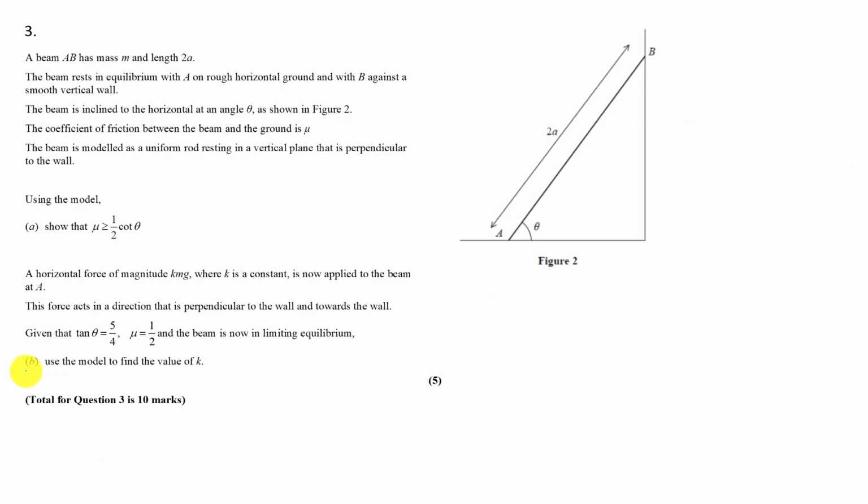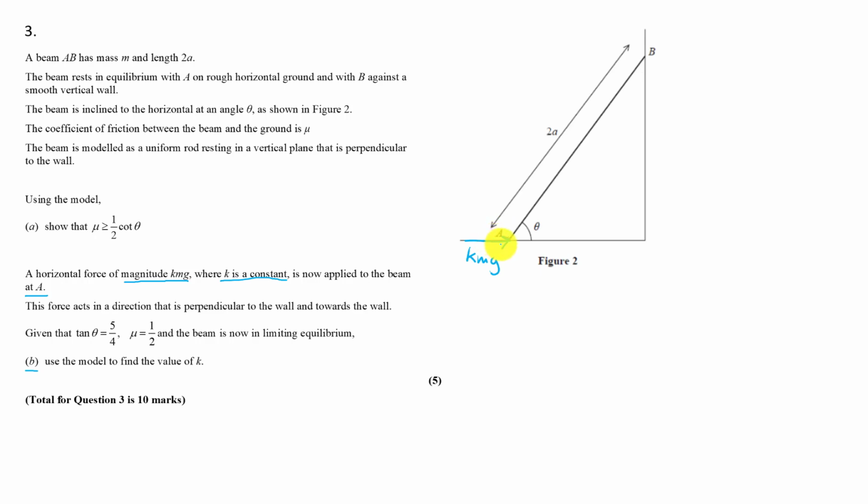Now it says we've got part B here. Now it's changed because a horizontal force of magnitude kmg, where k is a constant, is now applied to the beam at A. A horizontal force of magnitude kmg is applied at A, so it must be here. We've got kmg acting this way.